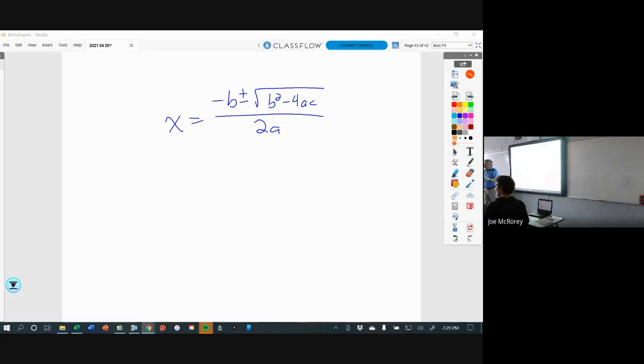Guys, with the quadratic formula, you always start here. Always start there, okay? What's that called? Discriminant. That's the discriminant. Start with the discriminant. So A was 1, B was -1, C was 10.